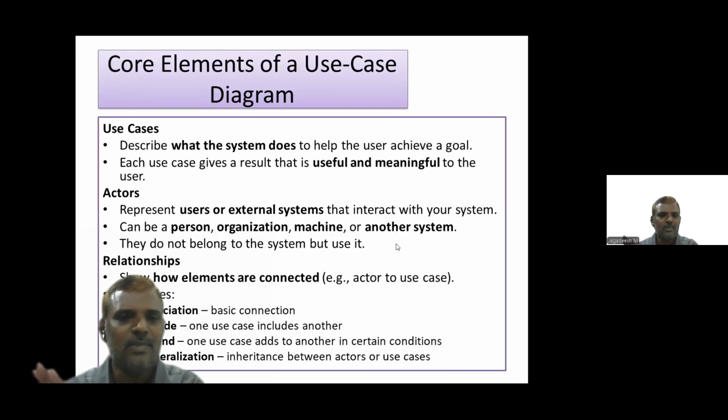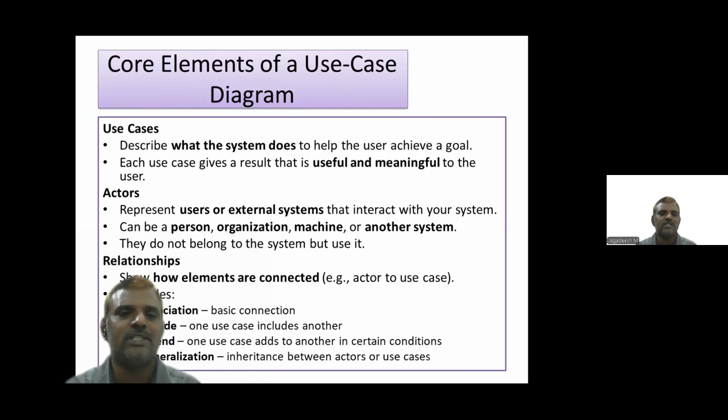Now, looking into the core elements, I already told you what are all the things that I'm going to have inside the use case diagram. Usually it will have use cases, which represent what the system does. Use cases represent the behavior. Then actors. There are several types of actors, I will explain later.